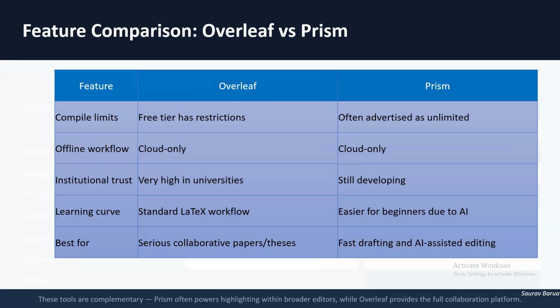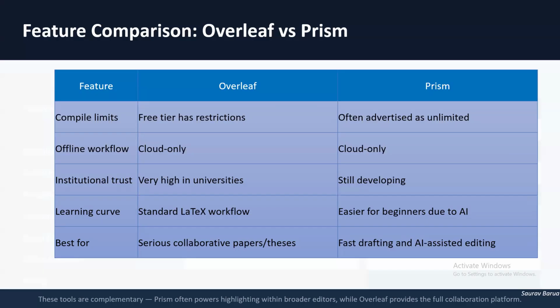And next, if we look at the compile limits, the free tier has restrictions, obviously, within a 10 megabyte file and folder size. And for Prism, it advertises that it is unlimited. It is the biggest advantage, I think, for Prism. And if we look at the offline workflow, Overleaf is cloud only, and Prism is also cloud only.